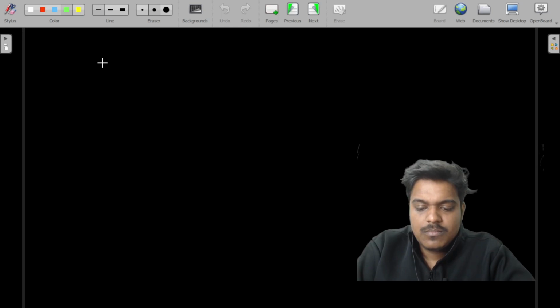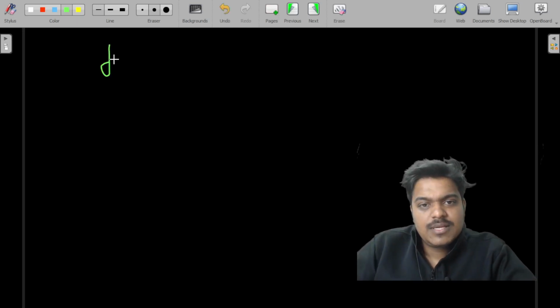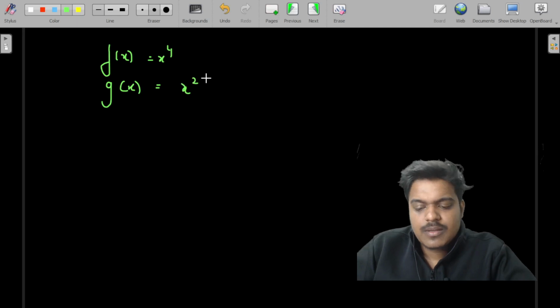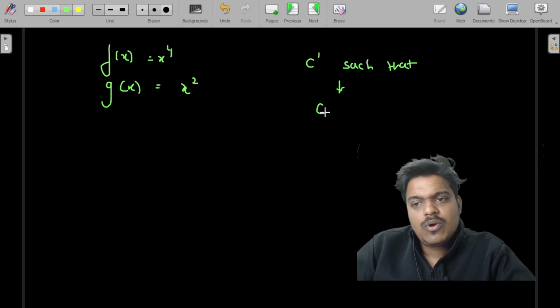Okay. The functions are given as f of x equals x to the power 4 and g of x equals x square. You need to find the value of c such that these functions follow Cauchy's mean value theorem in the interval 1 to 2.